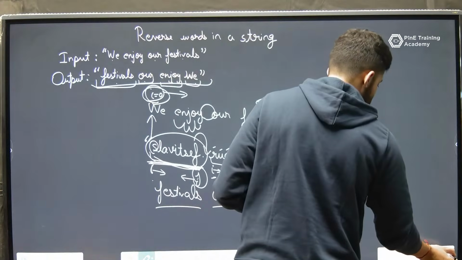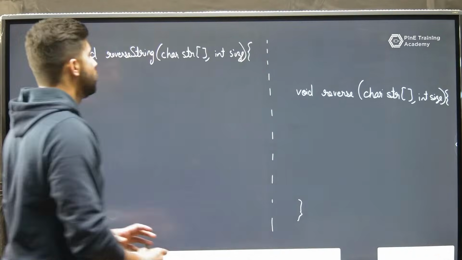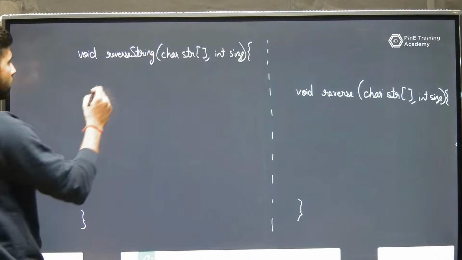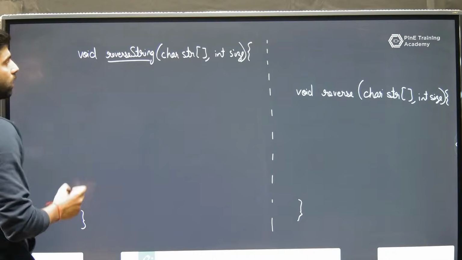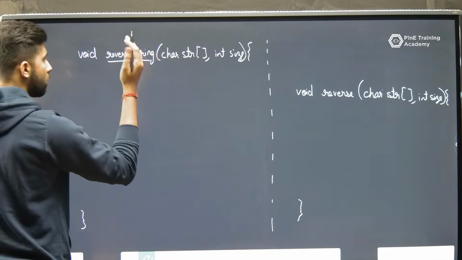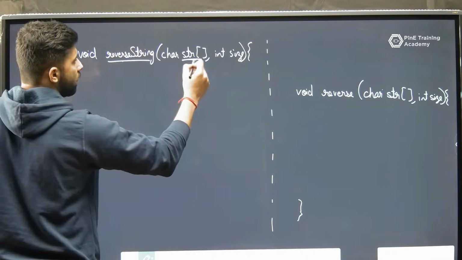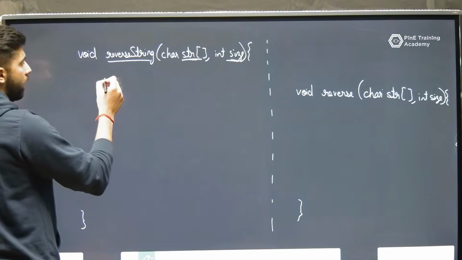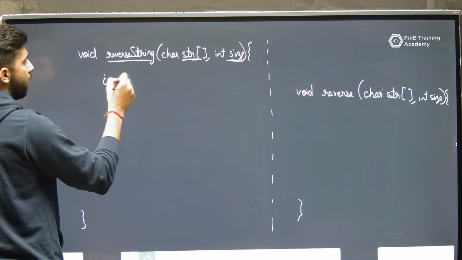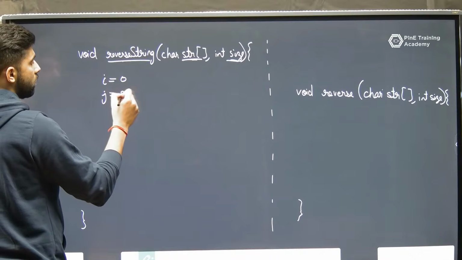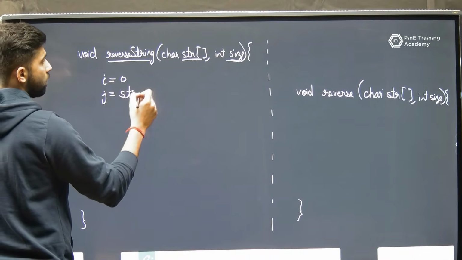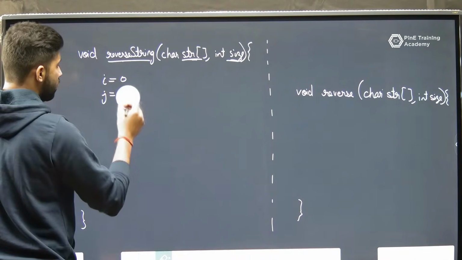So I will just give you a hint how you can write it. First, you will have your main reverse method, which will get the string and size.